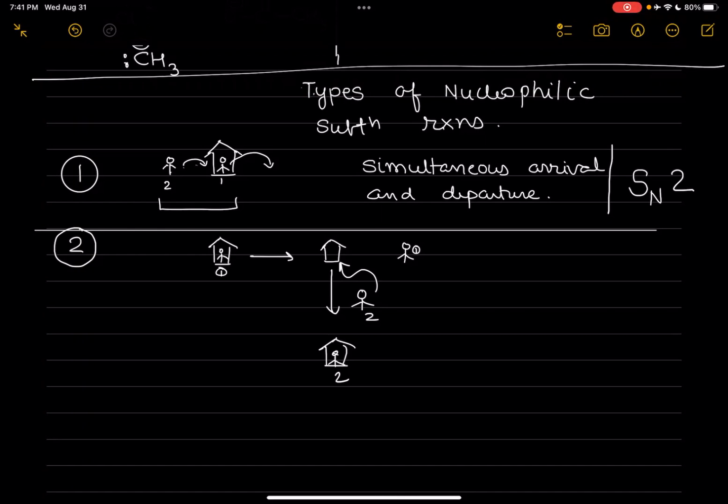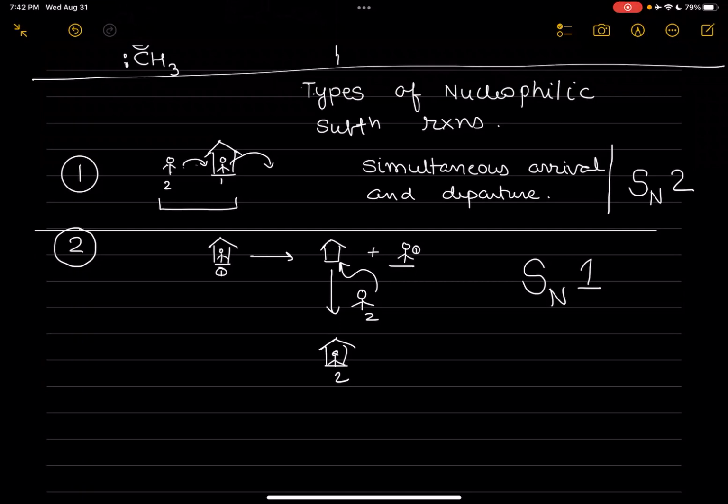And suppose you can handle both the guests one by one. Once the guest already sitting leaves the house, then the new guest can come. Okay, that is one by one, first leaving, then the new guest coming. That is SN1. Is it clear or not?